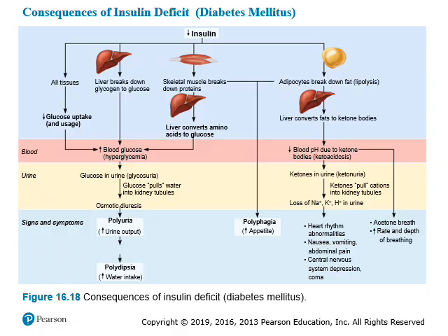Okay, here is another table which shows us the consequences of insulin deficit in diabetes mellitus. Diabetes mellitus can be due to hyposecretion of insulin or hypoactivity of insulin.